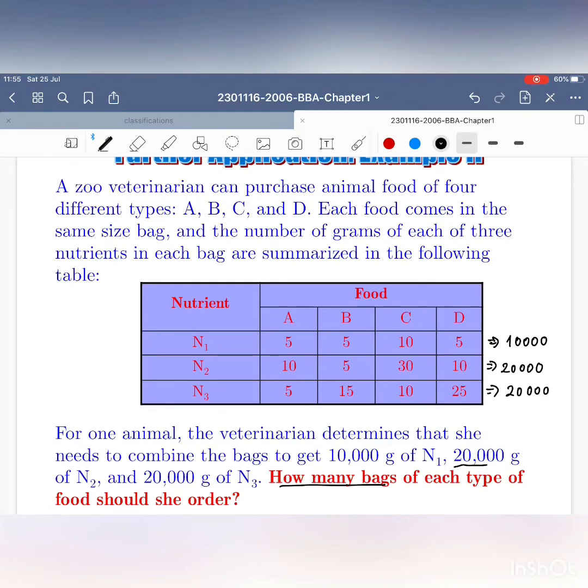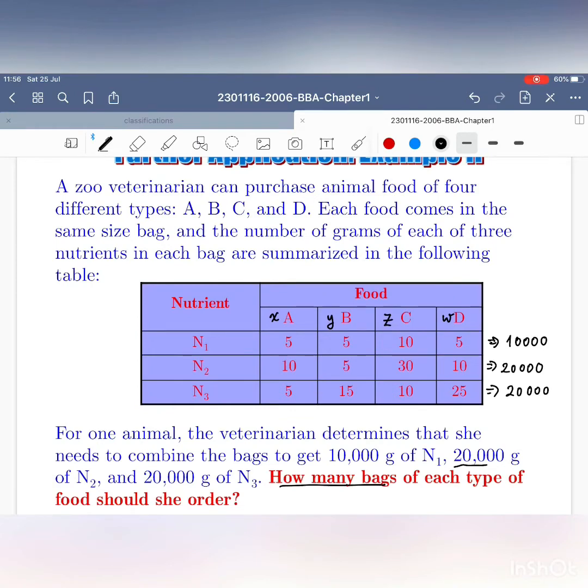Okay, so the same idea as the previous example, we are going to say that we will buy x bags of type A food, y bags of type B food, z bags of type C food, and w bags of type D food.